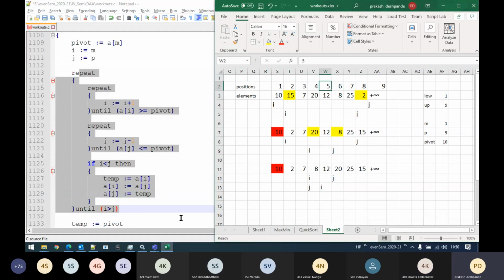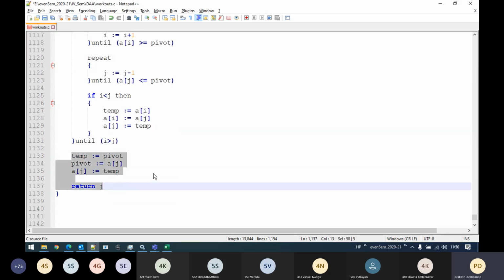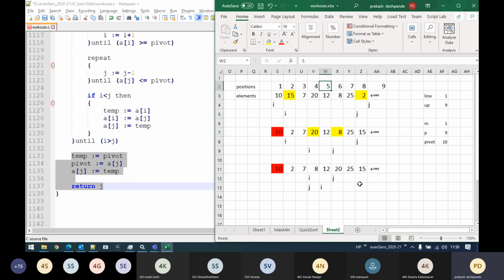After we skip that one, next statements are what? We need to swap the elements of pivot and jth element, right? So at jth element we have 8, and the pivot element is 10. So these two we need to swap. So let me mark this element also here. Now these two elements will be swapped.